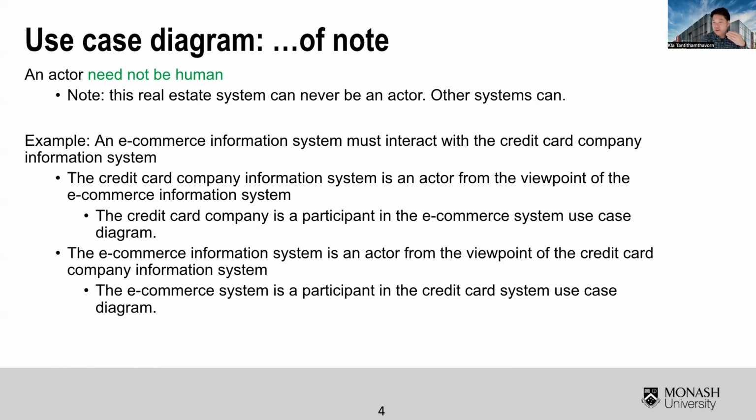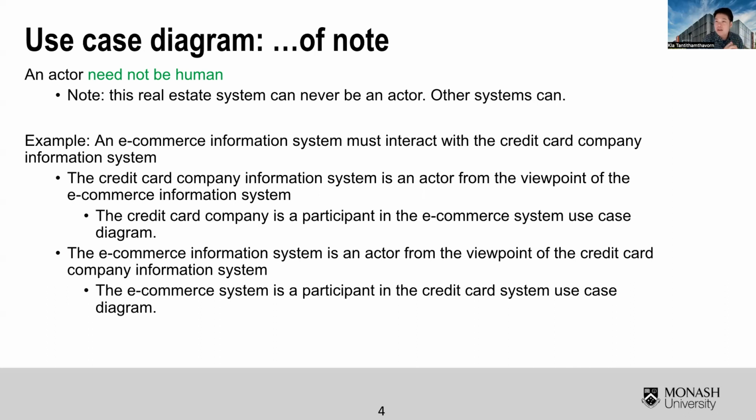Let's say the customer initiates the payment. They need to interact with the credit card company or the payment company, PayPal, that kind of thing, to confirm whether the credit card information is valid or not, whether it is successful or not, and then return the message back to the system.